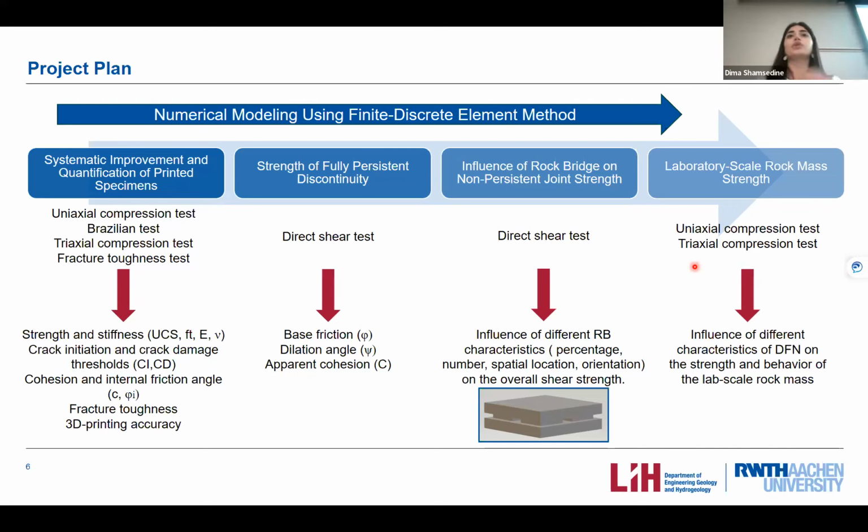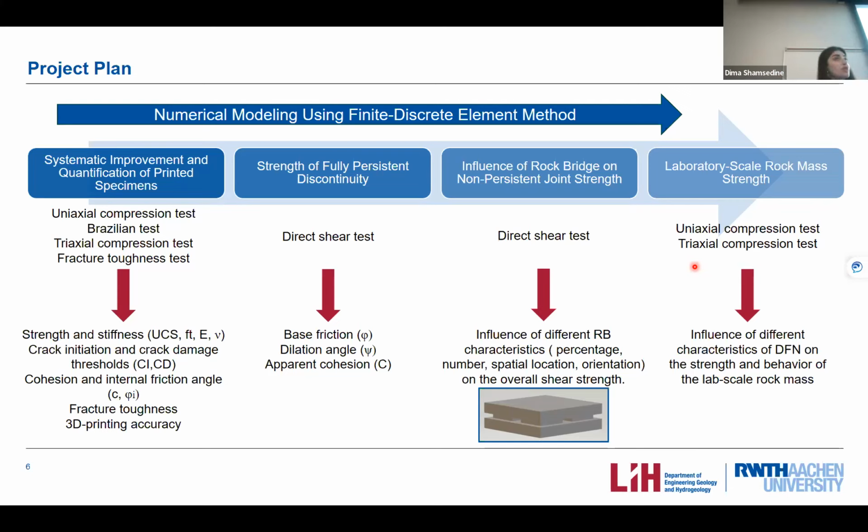Moving forward to work package 3, which is the third column, we will increase the complexity a bit, and we will include rock bridges in our direct shear testing. What's the goal of this? As a brief explanation, the rock bridges, as we can see here, are the intact material connecting both sides of the joints.